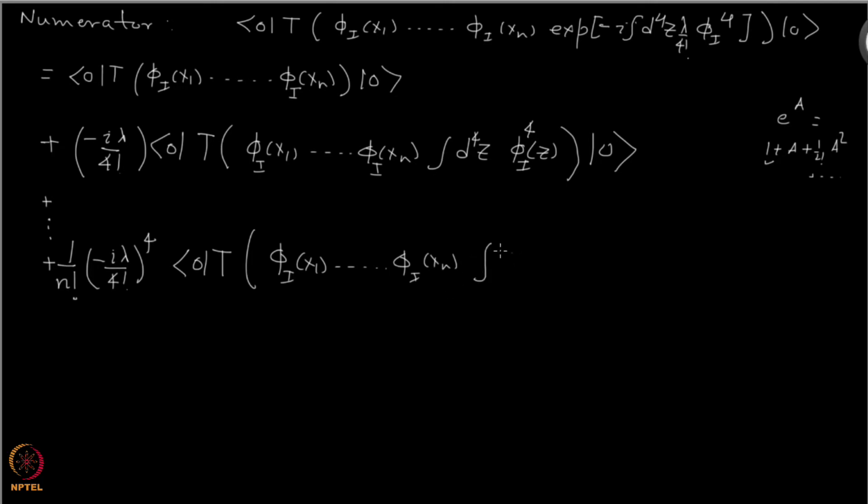And now I will have such terms repeated n times. So I will write d^4z_1, and to save some space I will write d^4z. Integration limits are of course from minus lambda to lambda, and then you have phi_I to the 4 (z_1), and so on, phi_I to the 4 (z_n), and the vacuum, right, and it continues like this.